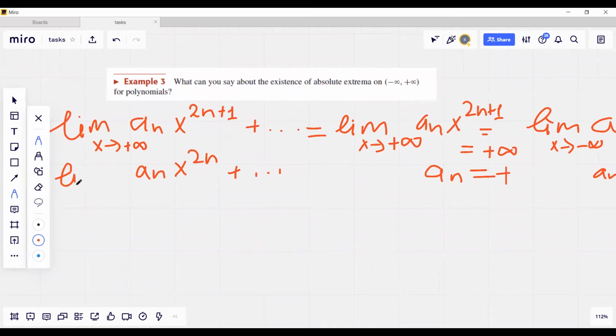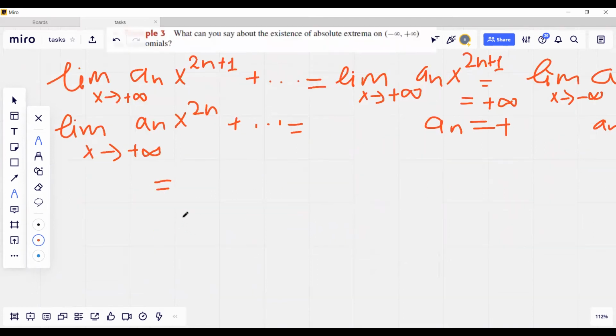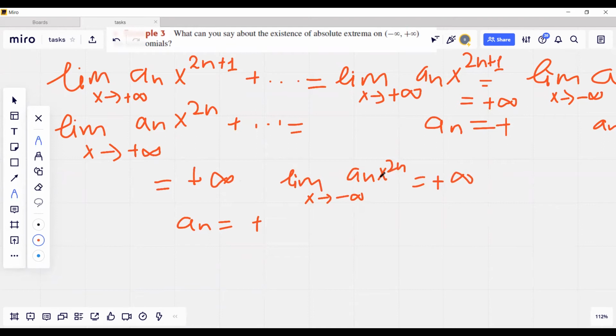In the case when we have a polynomial with a leading term that has even degree, then this limit is equal to plus infinity when the leading coefficient is positive, and the limit when x goes to minus infinity of an x to the power 2n, if an is positive, will also go to plus infinity, since this term will go to plus infinity, meaning that our function increases without bound when x goes to minus or plus infinity.